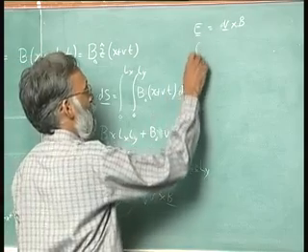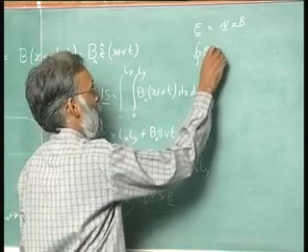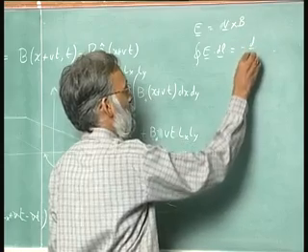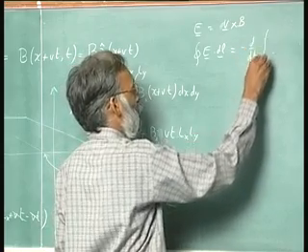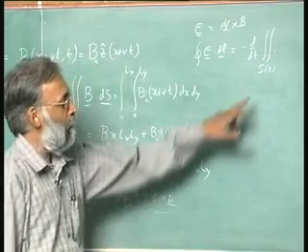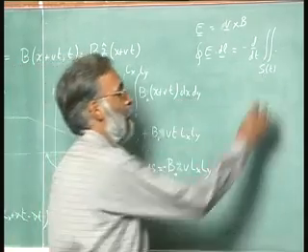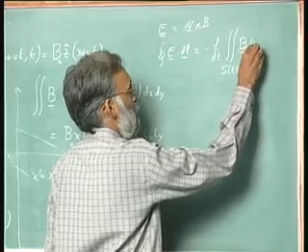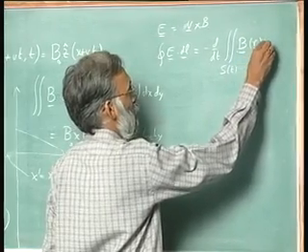Then we are seeing loop integral E dot dl is equal to minus d dt of surface integral of a moving surface B, which is only a function of position, dot ds.